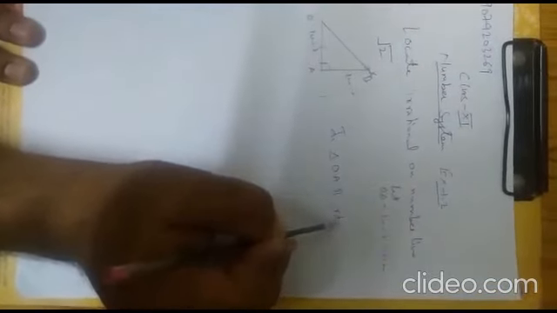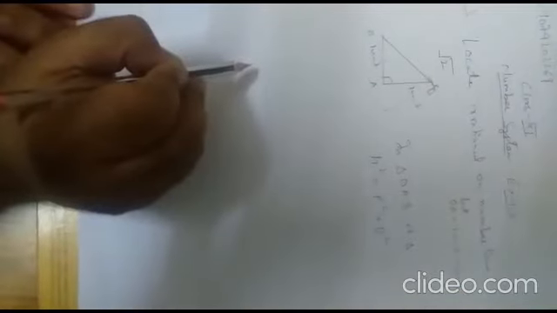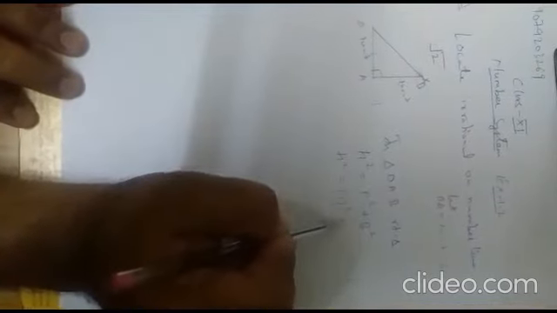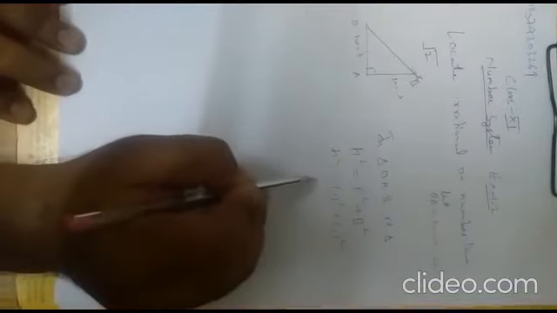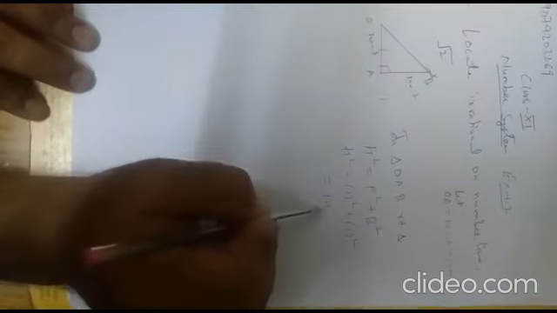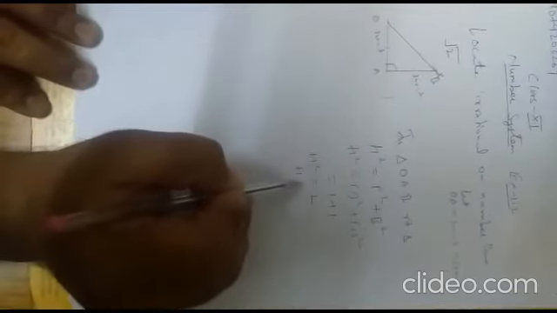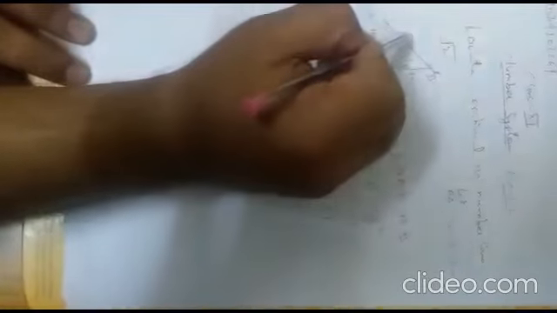It is a right triangle. We know that hypotenuse square is equal to perpendicular square plus base square. Here P is 1 unit, base is 1 unit, square it. 1 plus 1 is equal to 2, h square is equal to 2, hypotenuse is root 2.